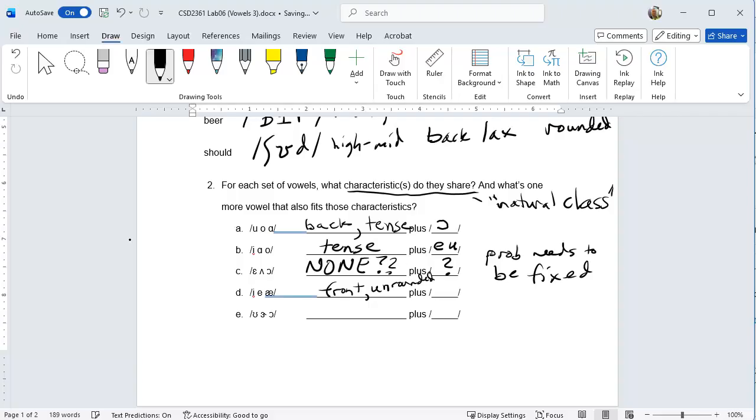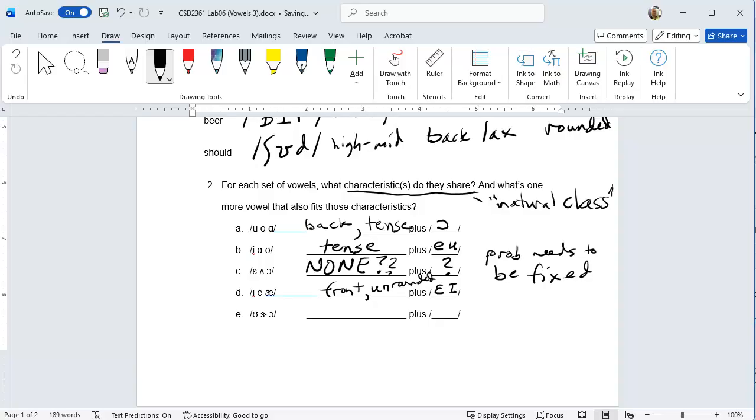It's not very informative, though, because that's a little bit redundant in that case, but technically it's a shared characteristic. So other front unrounded vowels, well, any of the other front vowels. So we've got some in there that we didn't cover, and some more in there that we didn't cover.